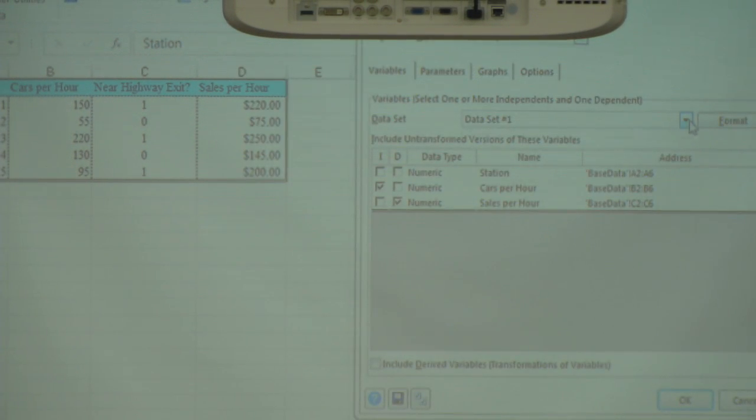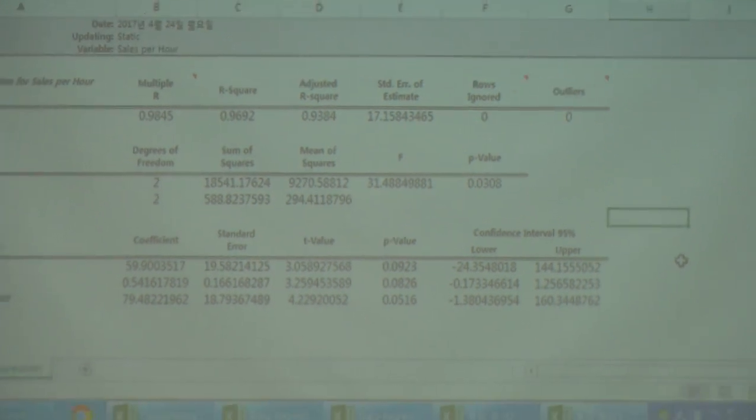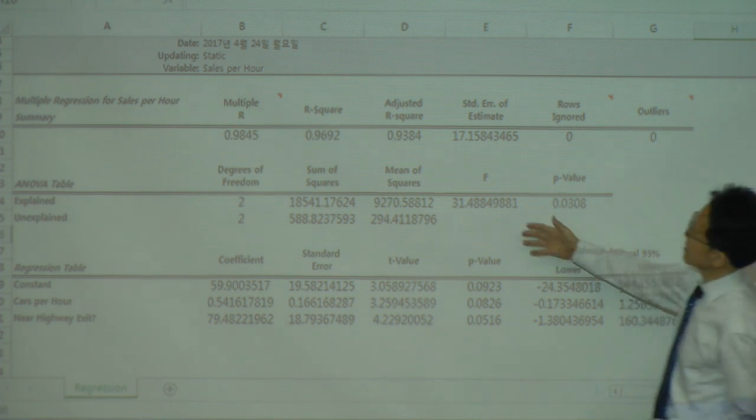You work with your second data set, sales power. Okay, very good. So now, as you can see, the regression model improves a lot.